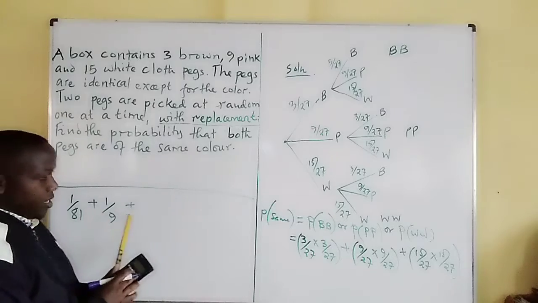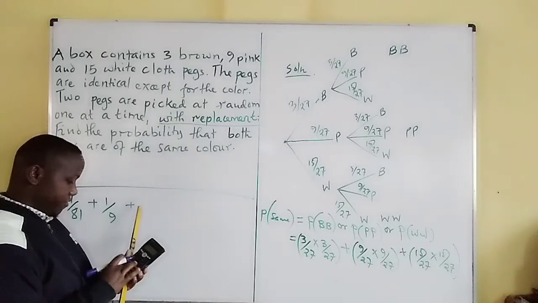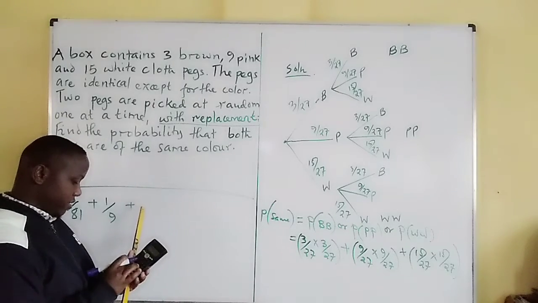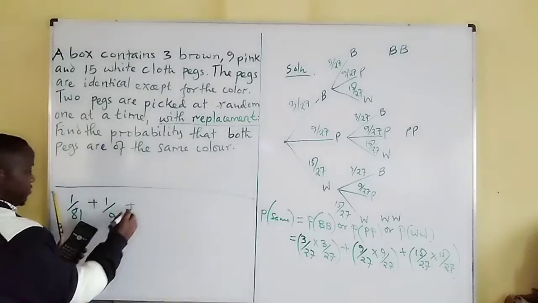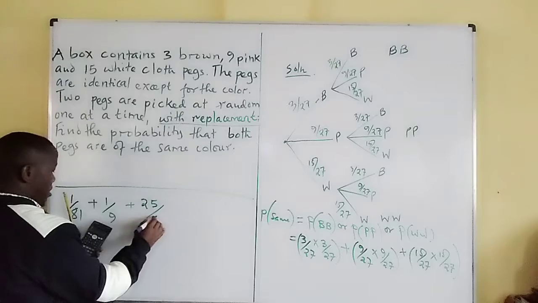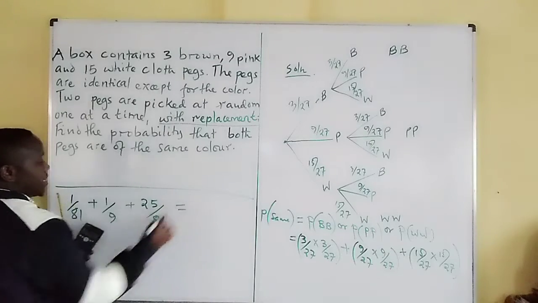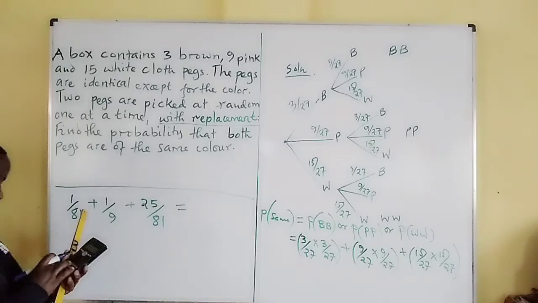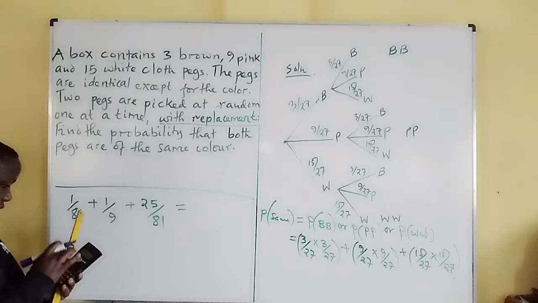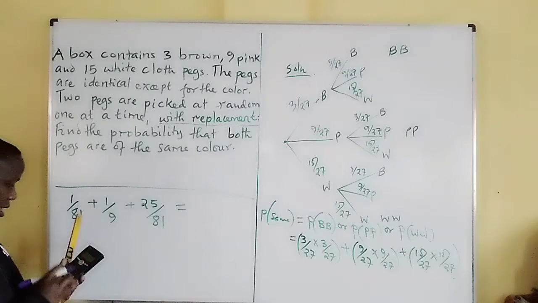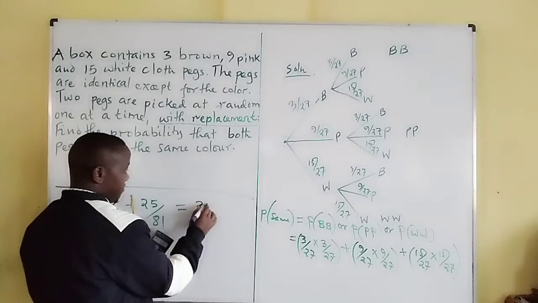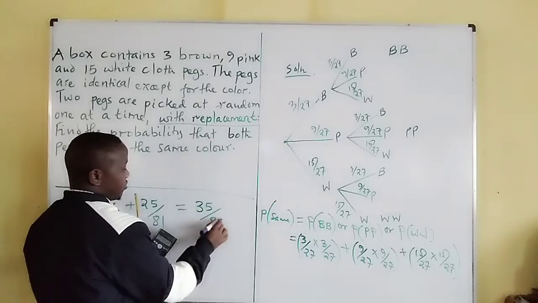Finally, when we have 15 by 15, we divide by 27 by 27. This gives us a probability of 25 out of 81. The total probability will be 1 over 81 plus 1 over 9 plus 25 over 81. This gives us 35 out of 81.